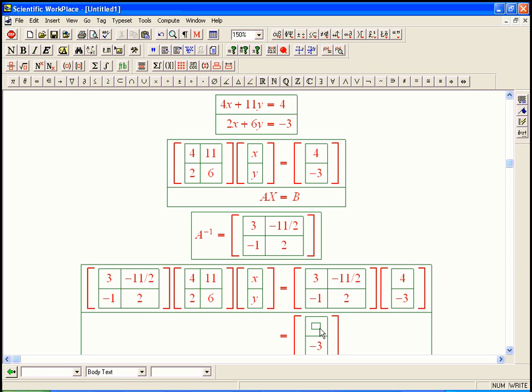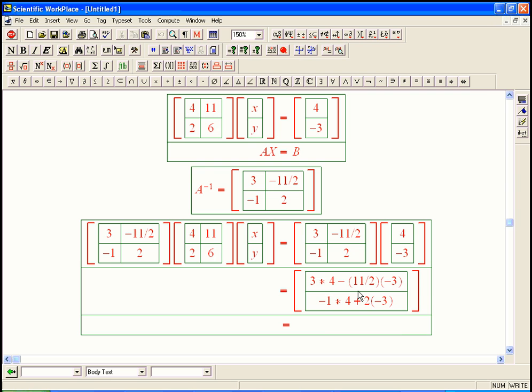It's going to be, I'm going to write it out, 3 times 4, and then minus 11 halves, put that in parentheses, times minus 3. This row kind of rotated and matched with that column. And then minus 1 times 4 plus 2 times minus 3.